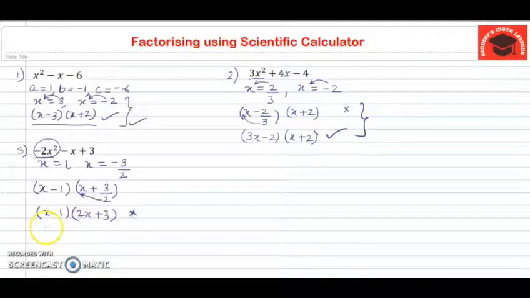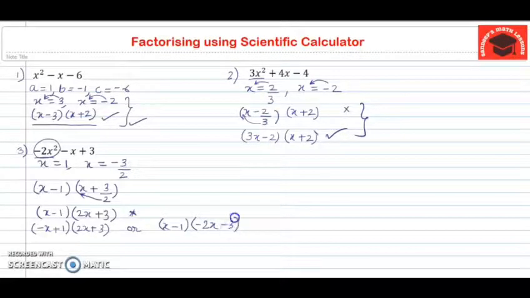And what is that? What you need to do is change the sign of the terms of any one of these two brackets. That means either I make it -x plus 1, that is, I change the sign of the terms in the first bracket and leave the second bracket as it is, or I can leave the first bracket as it is and change the sign of the terms of the other bracket.